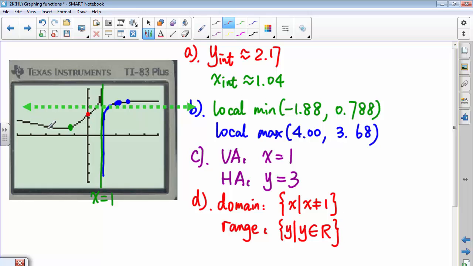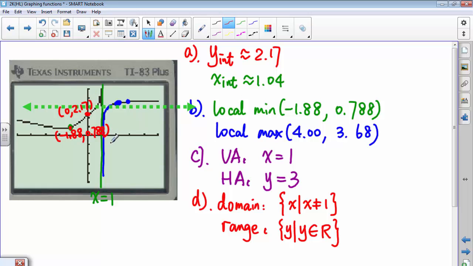So for the sketch, you can sketch these two curves on your paper and show us some key points. Like the local minimum, we label this local minimum point as negative 1.88, 0.788. And we label this y-intercept point as 2.17.